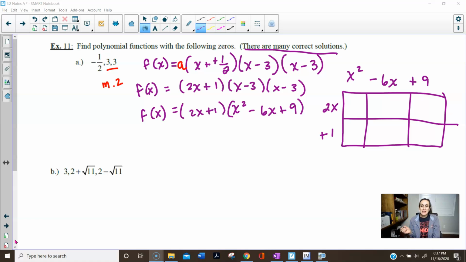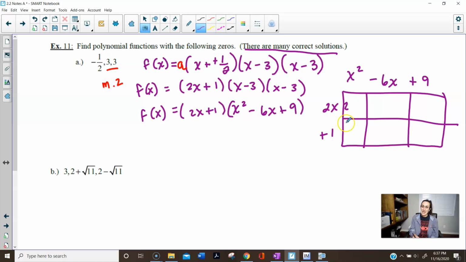But I really like to multiply this using this box method. So I took x squared subtract 6x, I wrote it across the top, plus 9, and then multiplied by 2x plus 1. Creating boxes makes it really nice. It organizes my work. So I have 2x times x squared, and that gives me 2x cubed.